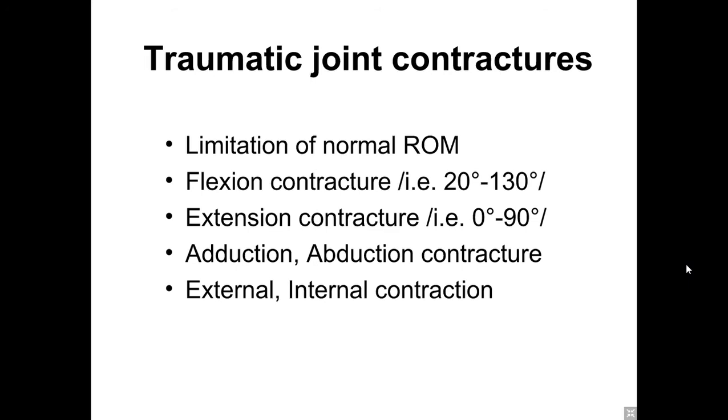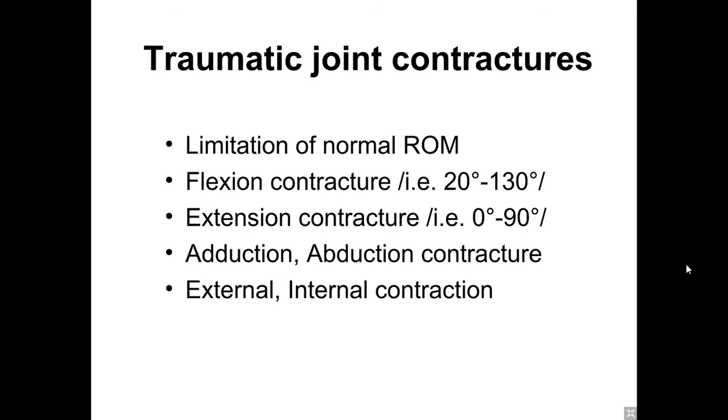But sometimes there is a combined contracture, flexion extension contracture. If, for example, the movements are possible between 20 and 90 degrees, this is combined flexion extension contracture of the knee joint.